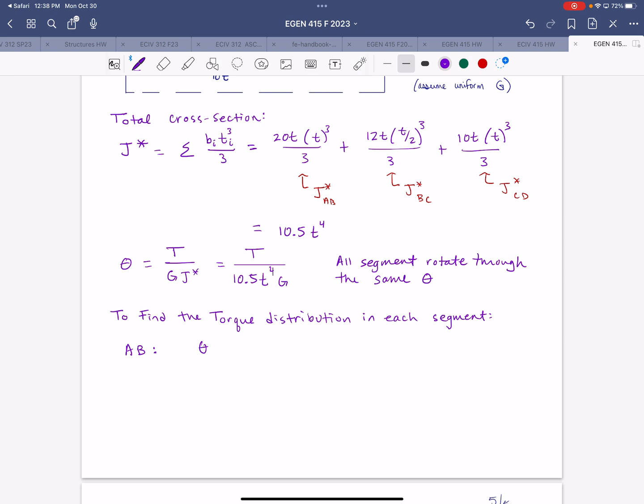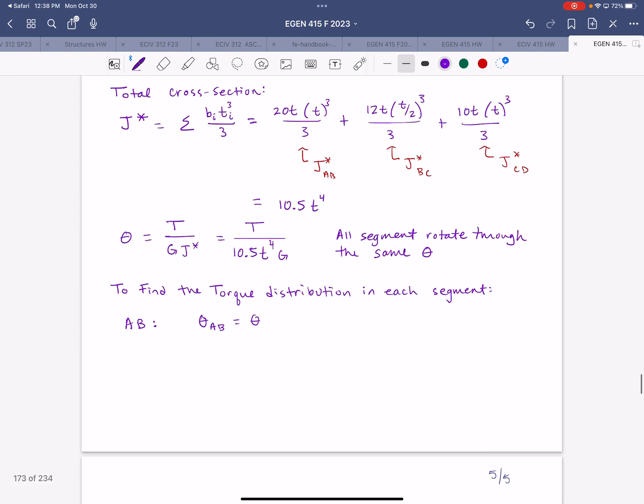We know theta AB is going to be the same as theta for the whole cross section that we calculated above. So the torque in AB divided by G and J star just for segment AB, we can set that equal to the total torque divided by G and J star for the total cross section.